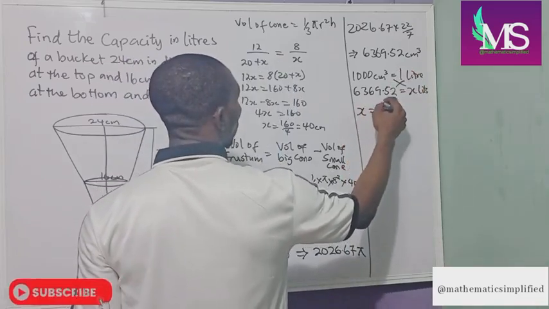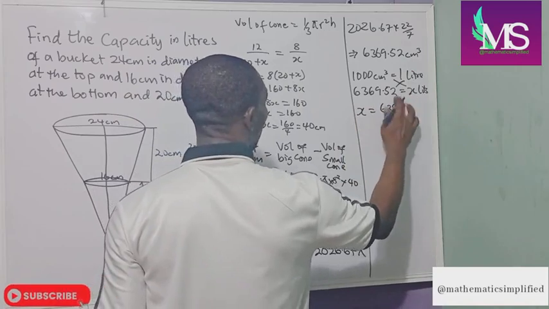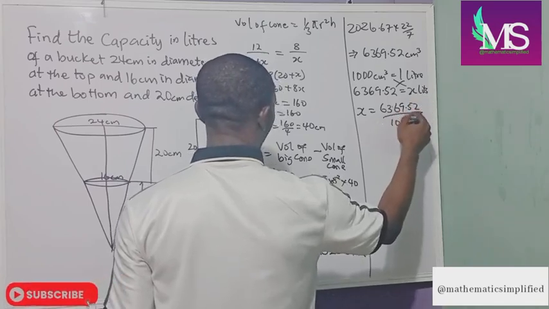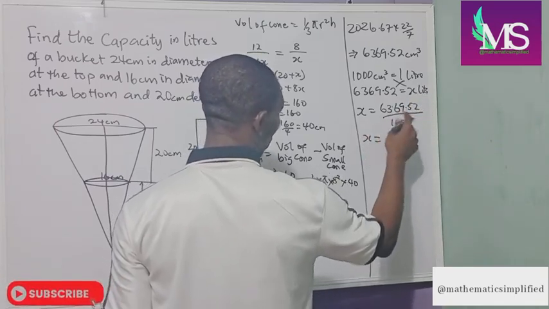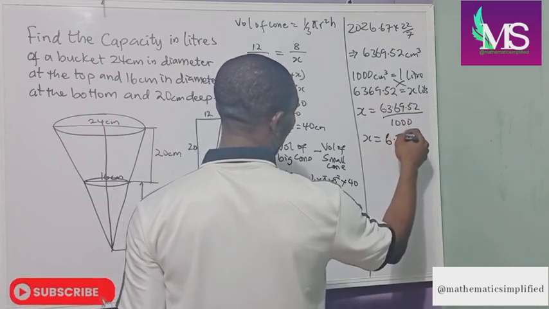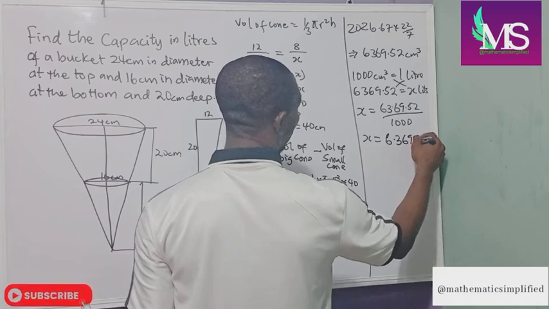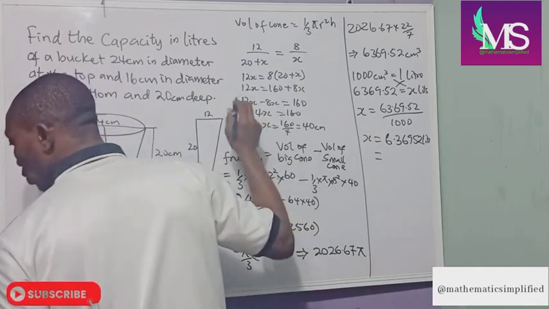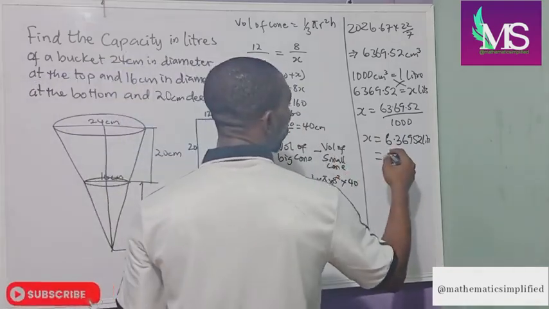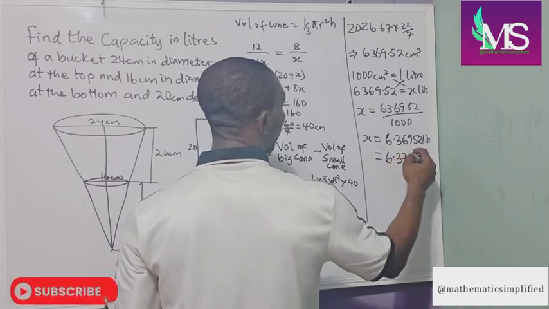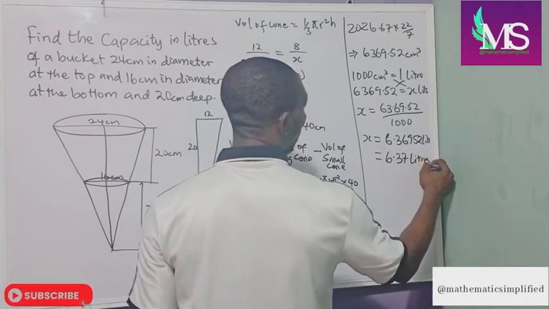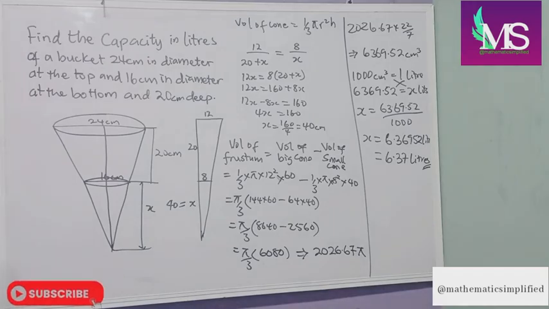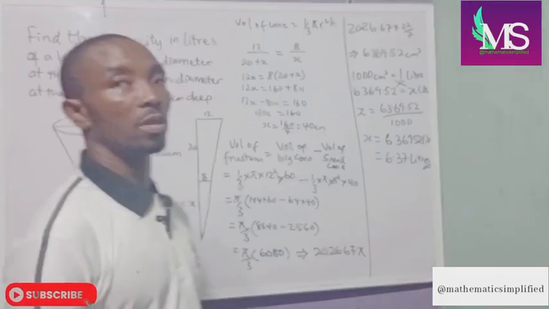Our value of x will become 6369.52 divided by 1000. x will become 6.36952 liters. But now to the nearest 3 significant figures will become 6.37 liters. So the capacity of our bucket will be 6.37 liters.